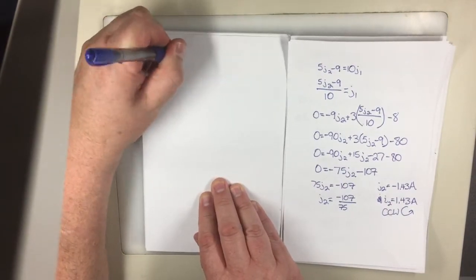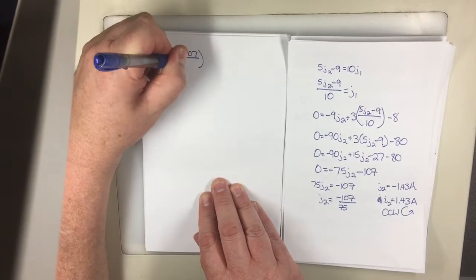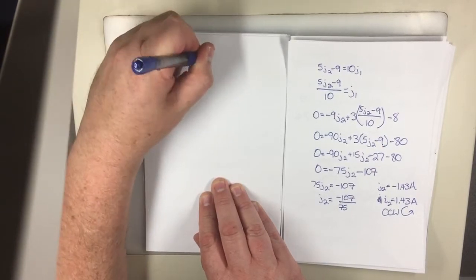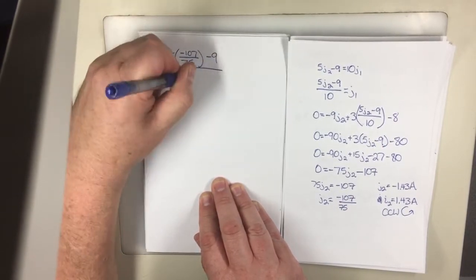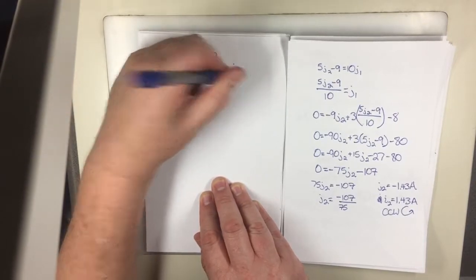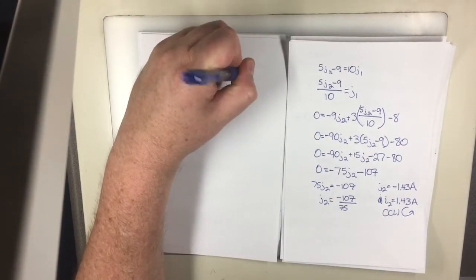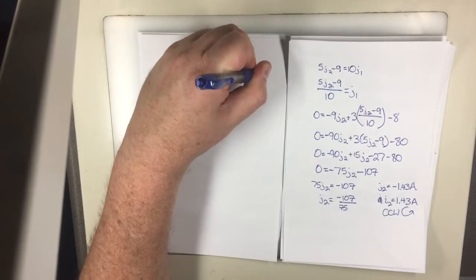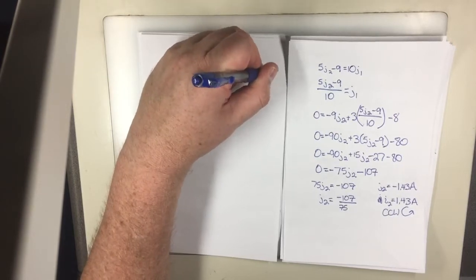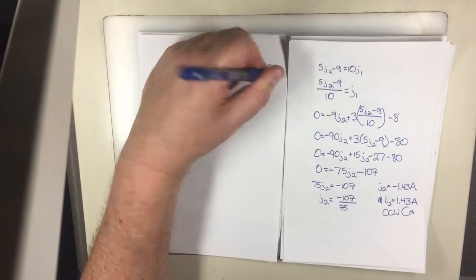So this becomes 5 times minus 107 over 75, minus 9, divided by 10 is equal to J1. And that nonsense gives me a J1 which is minus 1.613 repeating amps.